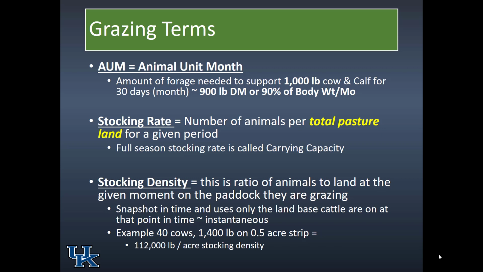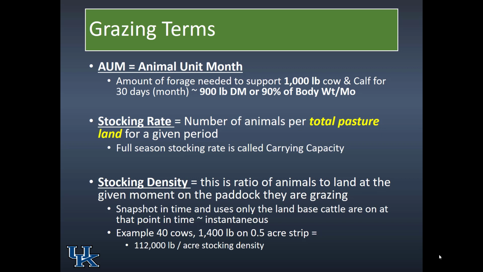And you find this term used when people are talking about using high numbers of livestock for very short durations on a piece of land for a given purpose. That purpose may be to have extremely high levels of utilization, to take completely away the selectivity that animals might have for the forage that is present. So that is stocking rate versus stocking density.